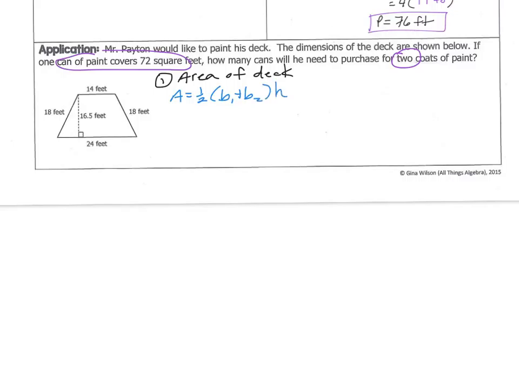What are my bases? 14 and the 24. What's my height? Trace the distance from base to base. There's your height. What is it? 16. It's also perpendicular to them. So there's our height. So then we're just going to do what we did on the front, plug and chug.